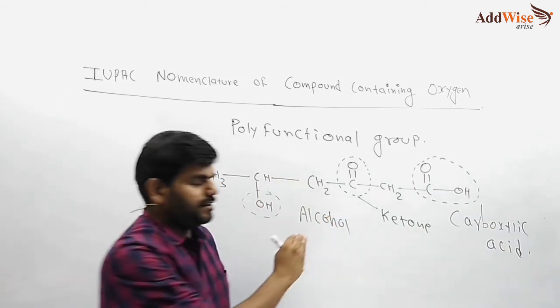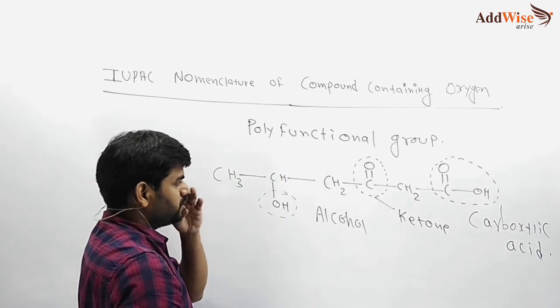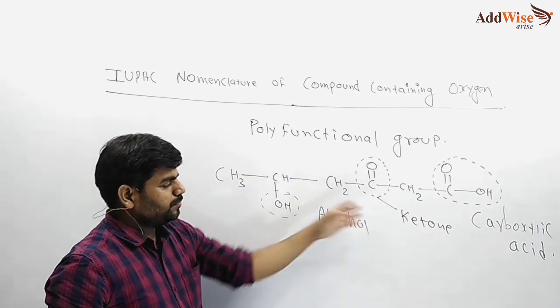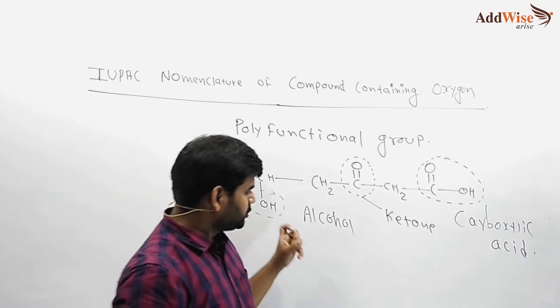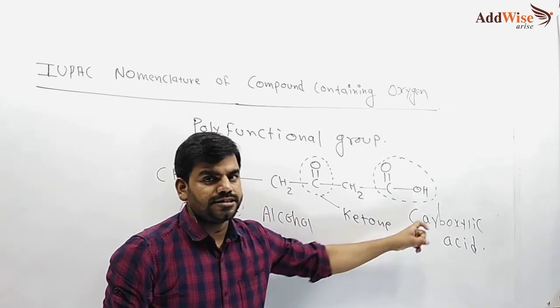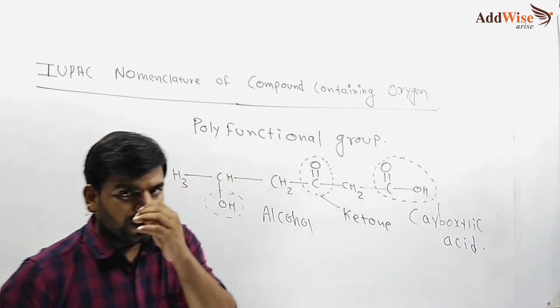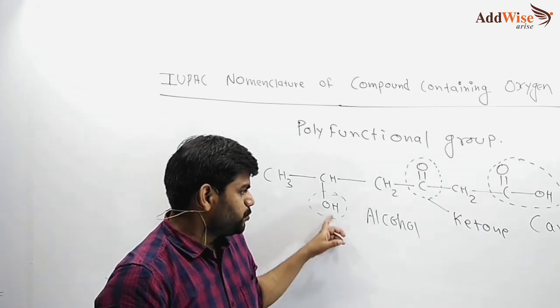There can also be aldehyde or ethers. In this way they can ask questions like: name the functional groups and how many are present. So we can say there are 3 functional groups: alcohol, ketone and carboxylic acid. After that, I'll explain how to name any alcohol.